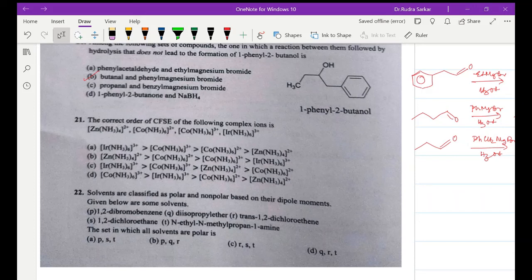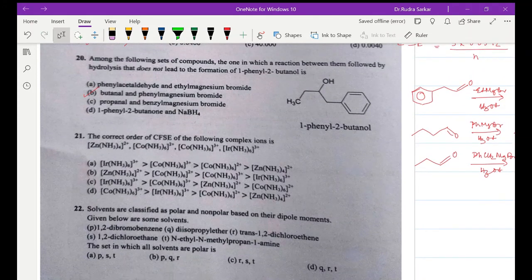Question number 21 says the correct order of CFSE of the following complex ions. Now [Zn(NH3)4]2+, this is zinc 2+, so this is a d10 system, and CFSE over here is going to be 0.